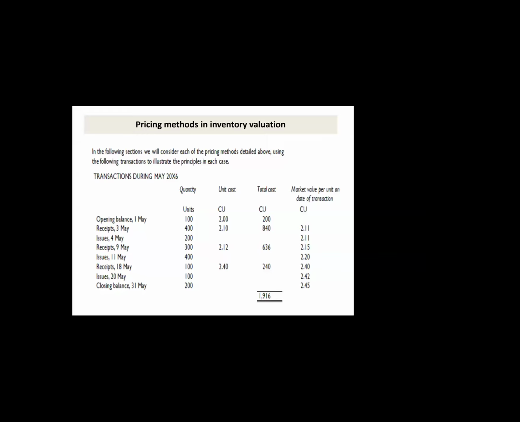That is 636. So value of inventory at 9 May: first of all, we have 300 at the rate of 2.08, that is 624, right? And we now received 300 at the rate of 2.12, that is 636.